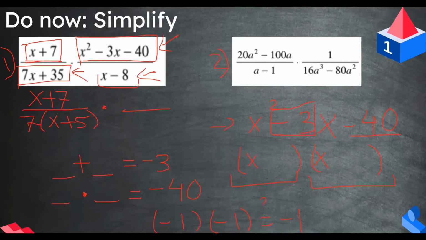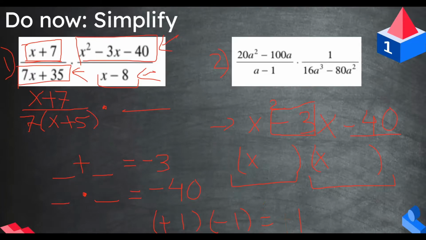No, my bad. Negative times negative gives you a positive. I forgot. So positive times positive gives me positive, negative times negative gives me positive. So what does a positive times negative give me? It's negative.